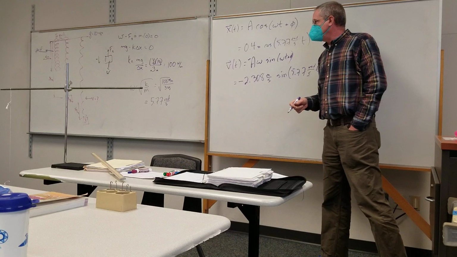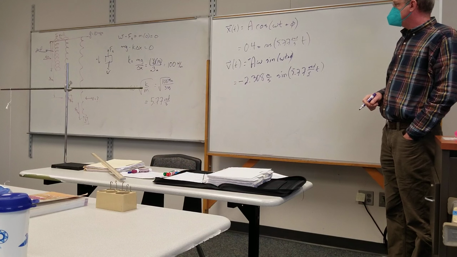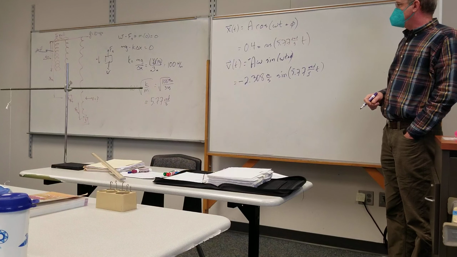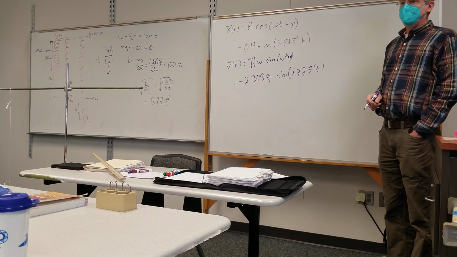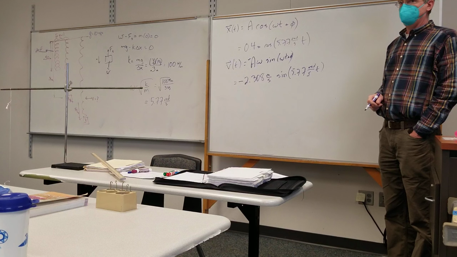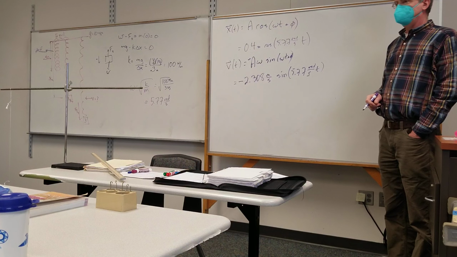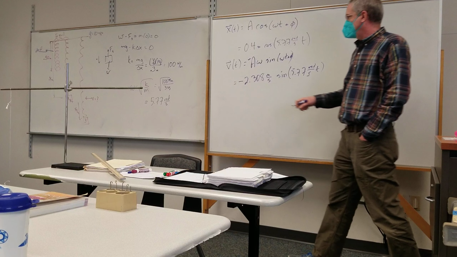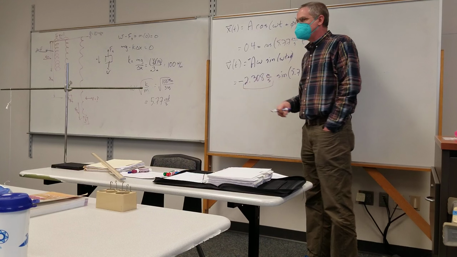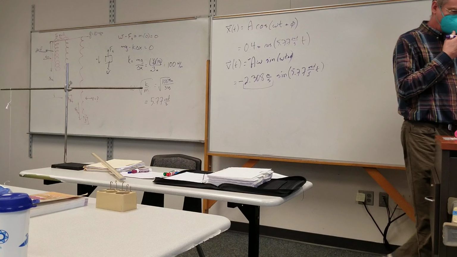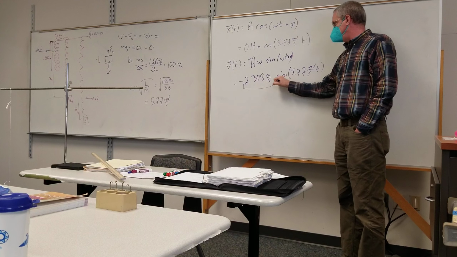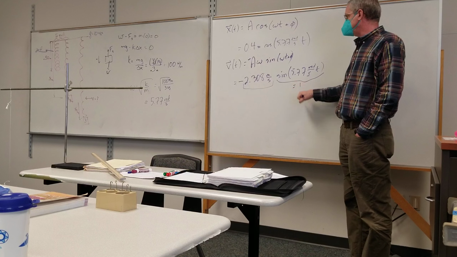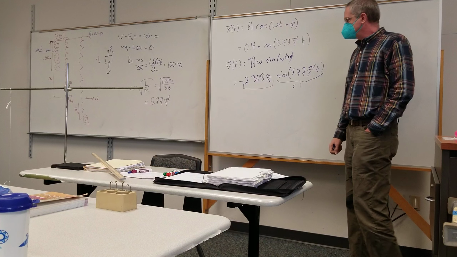Okay. So how fast is it, what is its maximum speed? 2.308 meters per second? Yes. There's my maximum speed right there. It will happen when this is equal to 1 or negative 1.